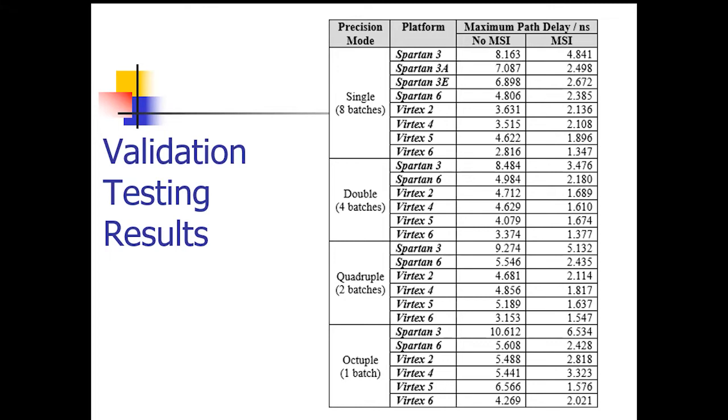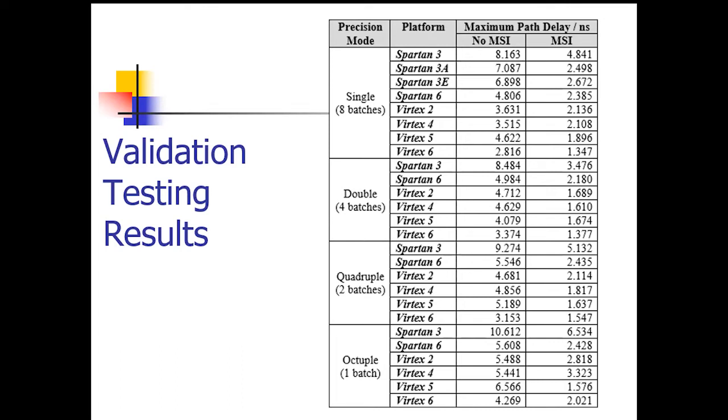So MSI behaves similarly, and without MSI, the system has to go through the entire extensive multiplication operation, and that value was obtained from the post-place and route static timing report. I use the worst case scenarios.